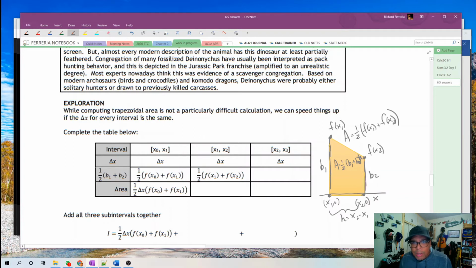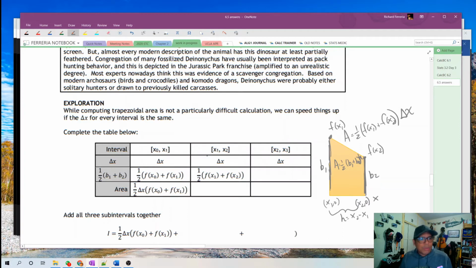Since f of x1 would be the height of base 1, and f of x2 would be the height over here, this vertical distance. And then the height, or the distance between these two, would really be a delta x, x2 minus x1.